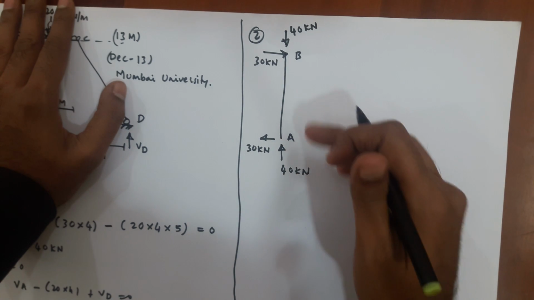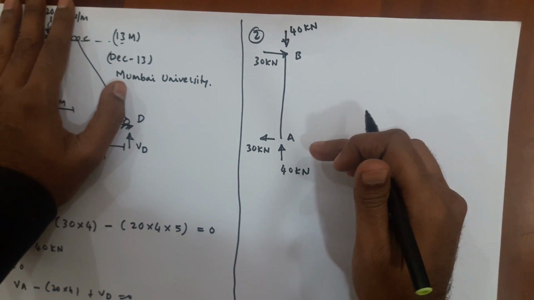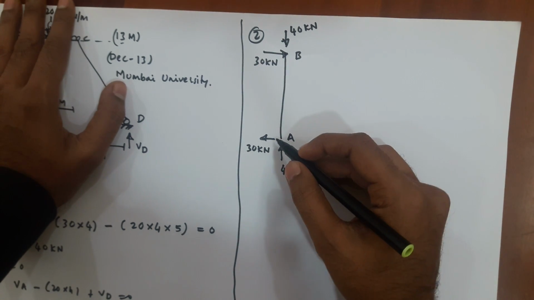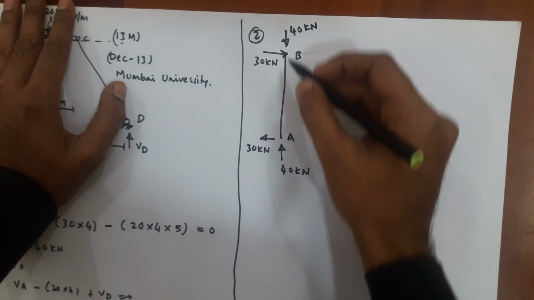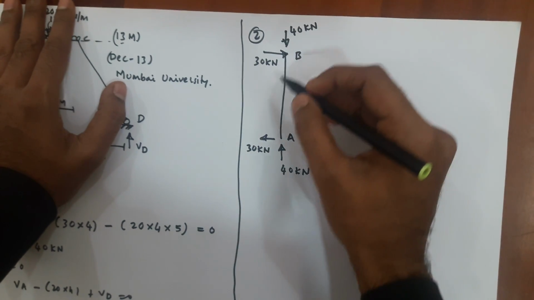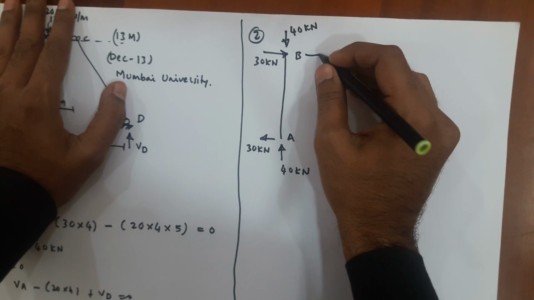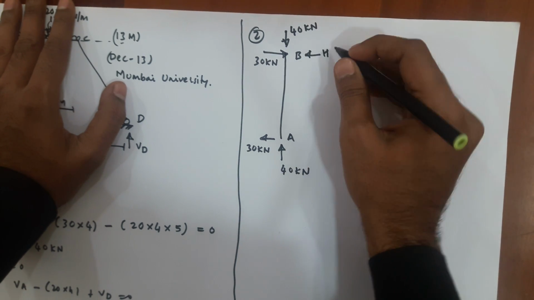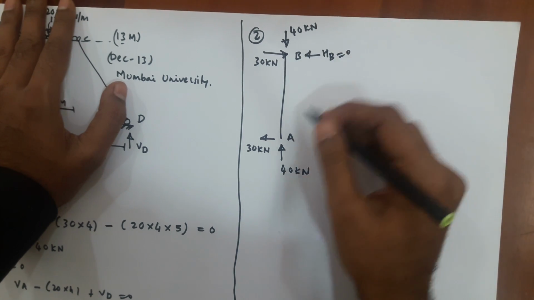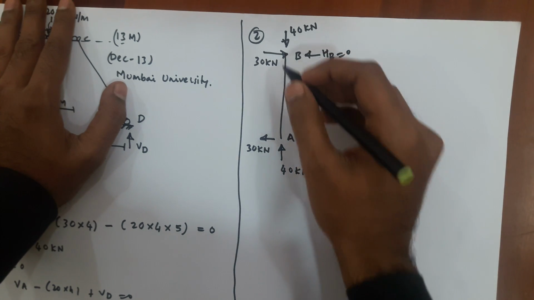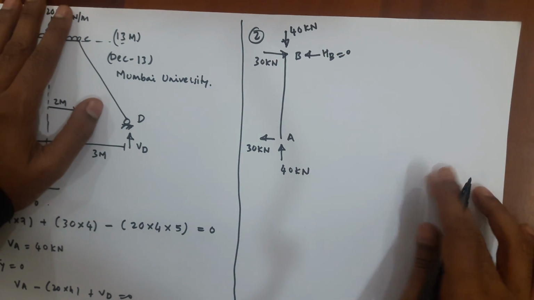Now this member is in equilibrium in the vertical direction. Here 30 is going towards left and 30 is going towards right, so this is balanced in the horizontal direction. So the horizontal reaction at point B will be 0 because the balance has already occurred.